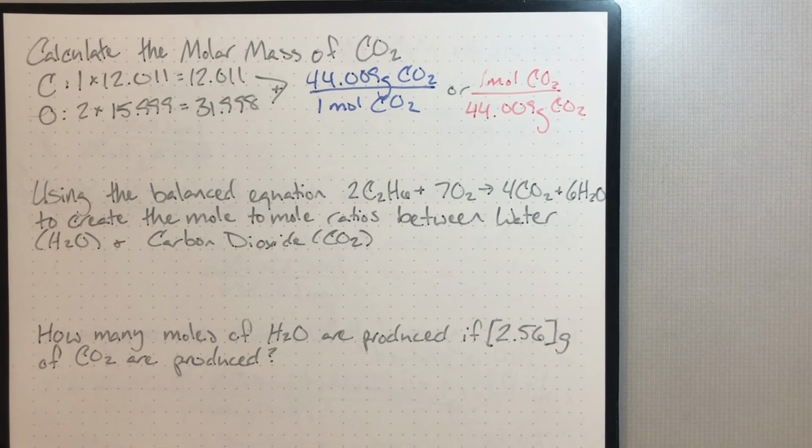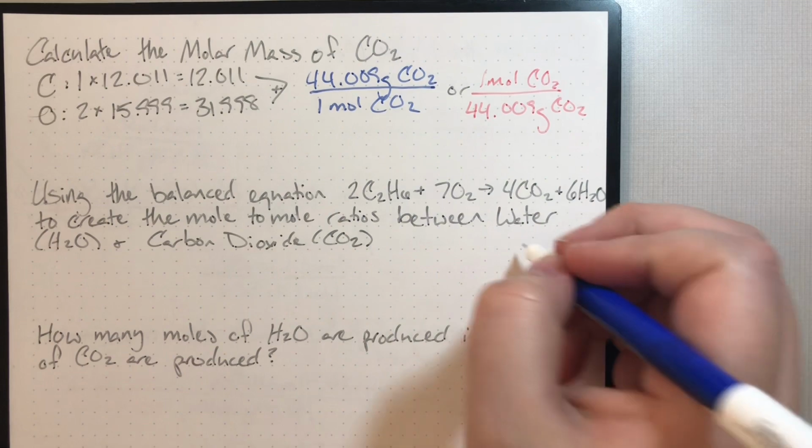Using the balanced equation, 2 dicarbons, hexahydride, and 7 oxygens, I am going to produce 4 carbon dioxides and 6 waters, 6 dihydrogen monoxides. Create the mole-to-mole ratio between water, H2O, and carbon dioxide.